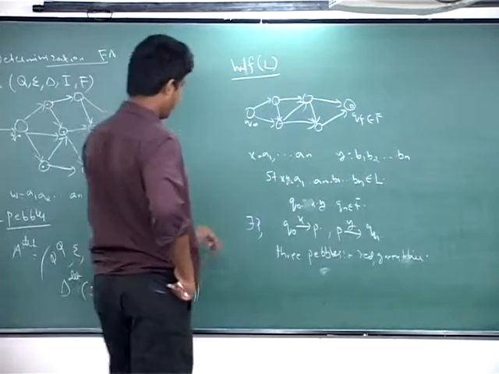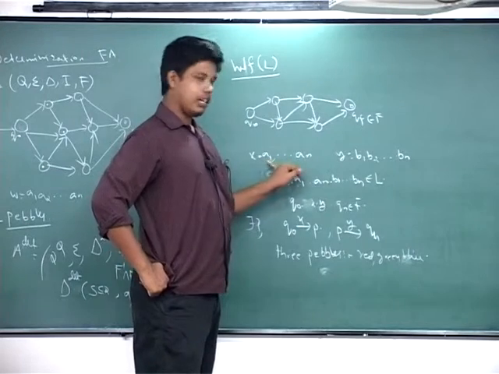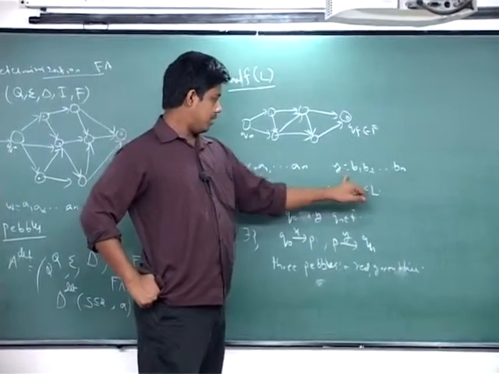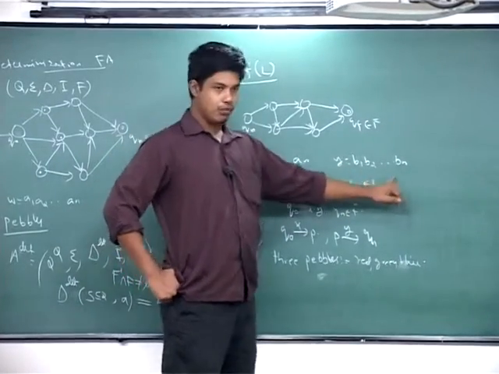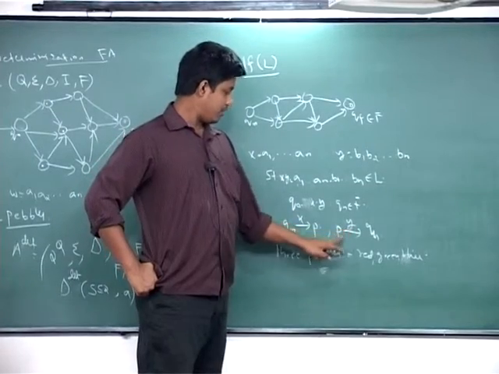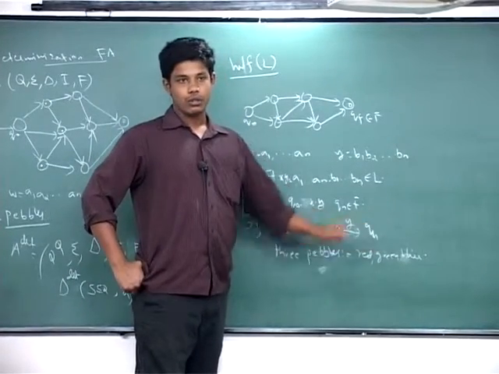All I need to check is that I get a string X. I have to verify that there is a string Y such that X will take Q0 to P and Y will take P to Qn.